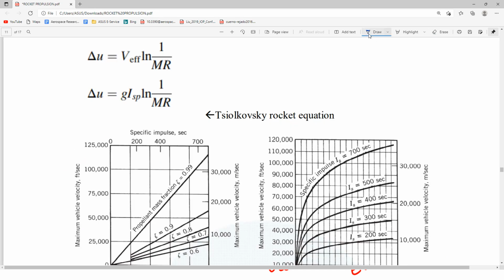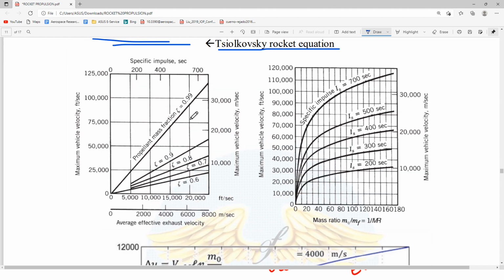Then moving forward, this is what I have explained already. Now sometimes they can also ask about the Tsiolkovsky rocket equation, which is nothing but this. Here a very important fact you need to understand is how the effective exhaust velocity depends on the vehicle velocity, and how these two factors are highly dependent on the propellant mass fraction.